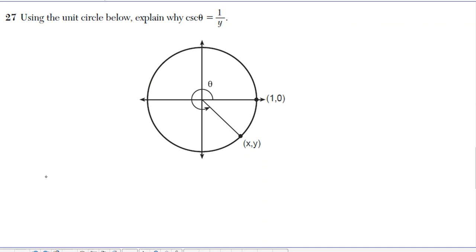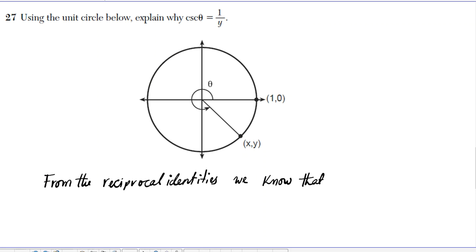From the reciprocal identities, we know that there's a relationship between cosecant and sine. Cosecant theta is the reciprocal of sine theta. Let's call this equation number 1.